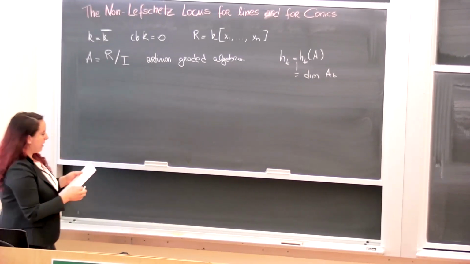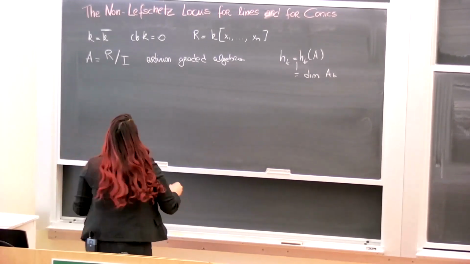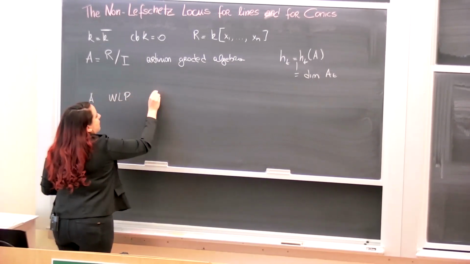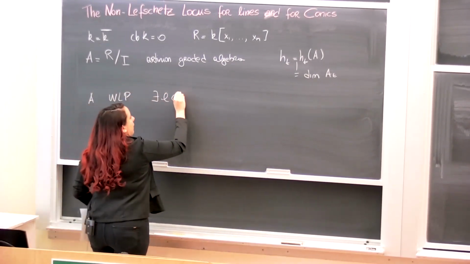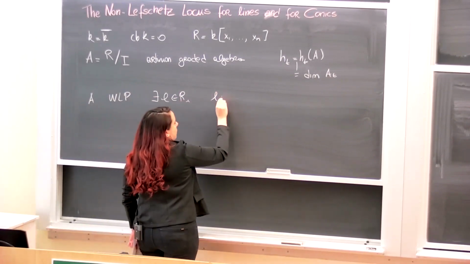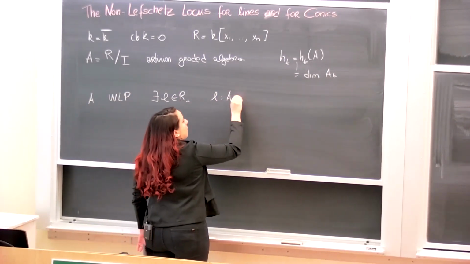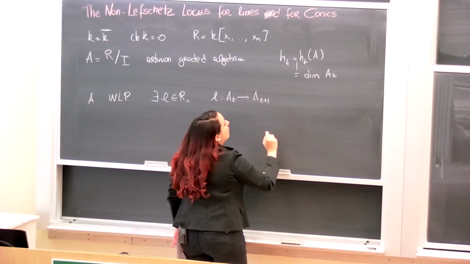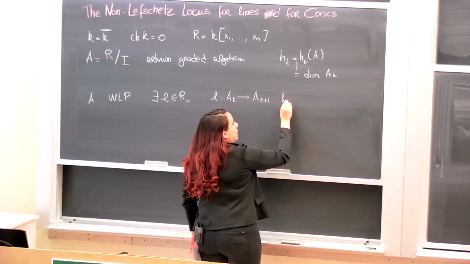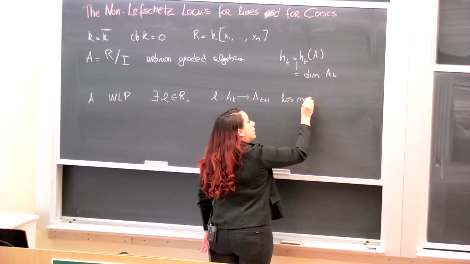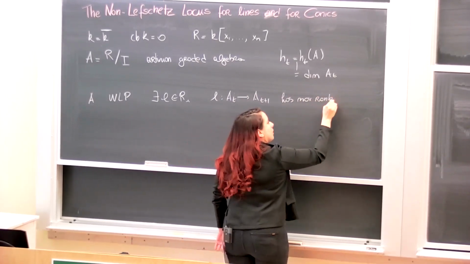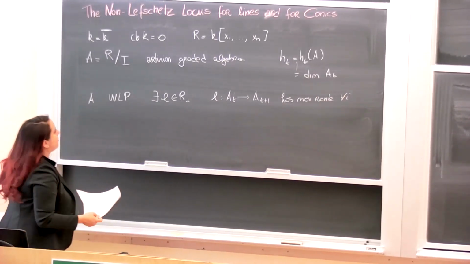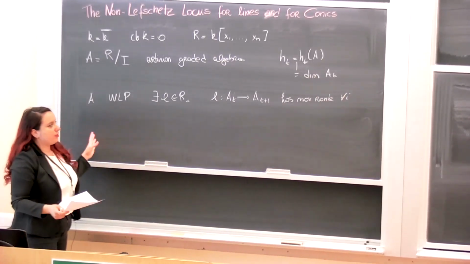We already saw that we say that A has the weak Lefschetz property if there exists a linear element L such that the multiplication map from degree T to degree T plus 1 has maximum rank for each T. And the thing that we're going to study are the elements that actually don't have this property.